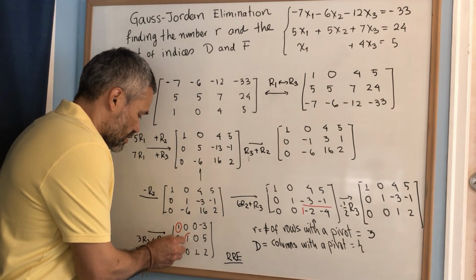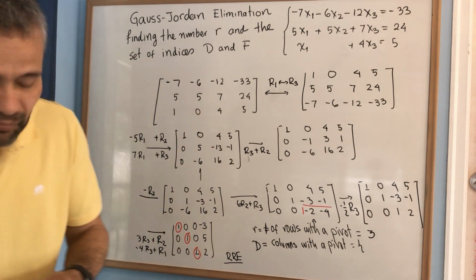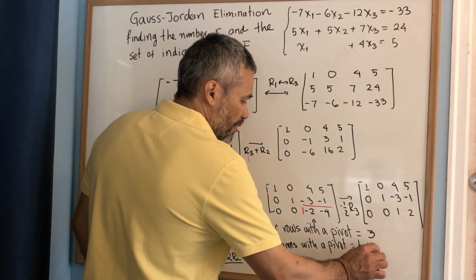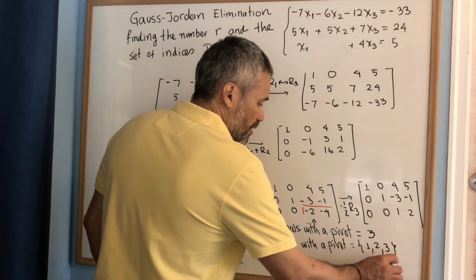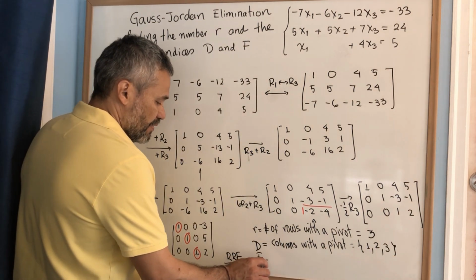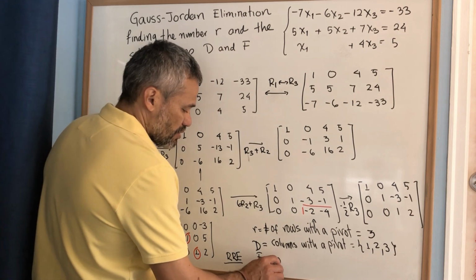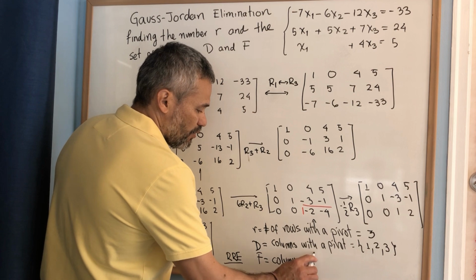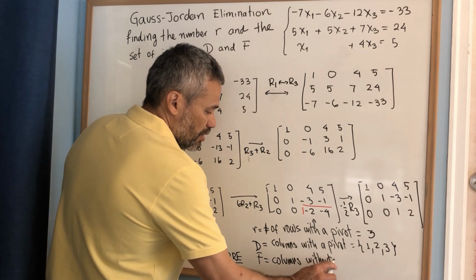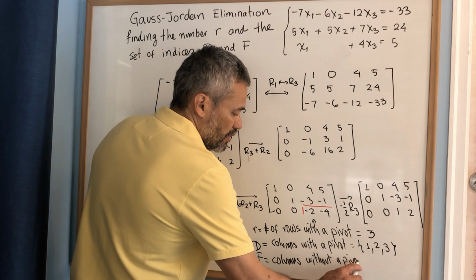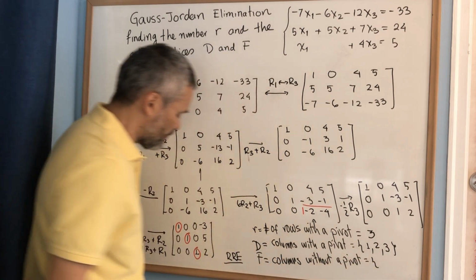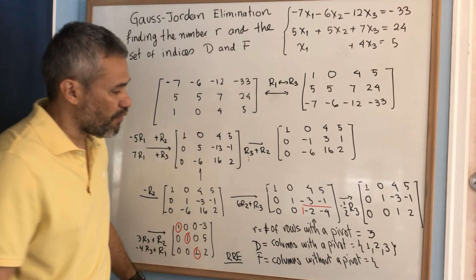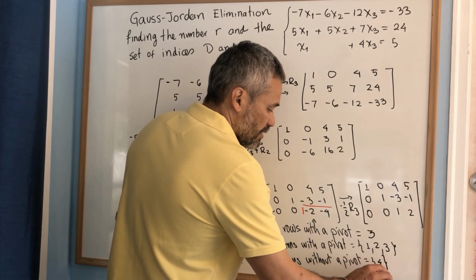And then this set of indexes would be column number 1, column number 2, and column number 3. And F is the columns without a pivot. And it just refers to the indexes. In this case, the fourth column doesn't have a pivot.